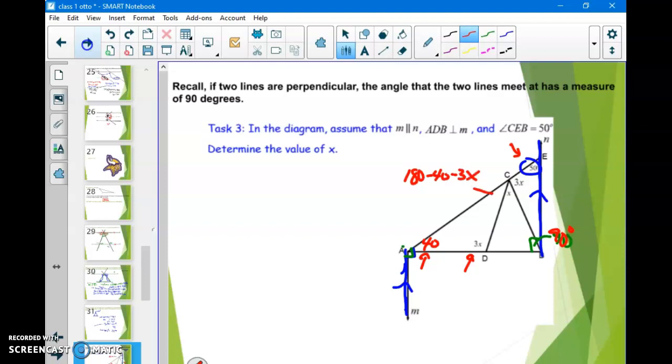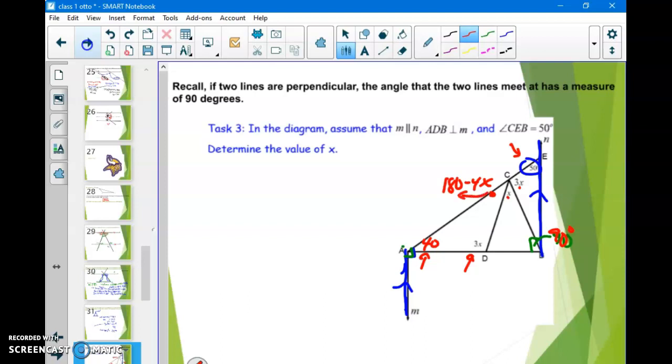So if that's true, I'm going to call this angle 140 minus 3x. And just for the fun of it now, I think I have enough information here to come up with an equation. We know that this angle right here is 180 minus 4x, because x and 3x form a straight line.